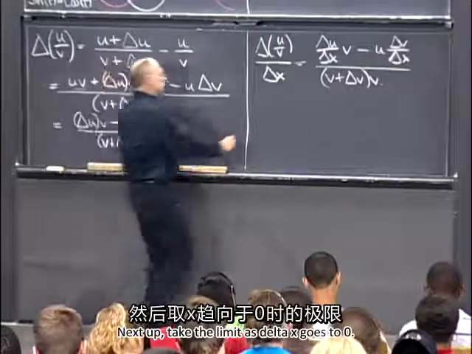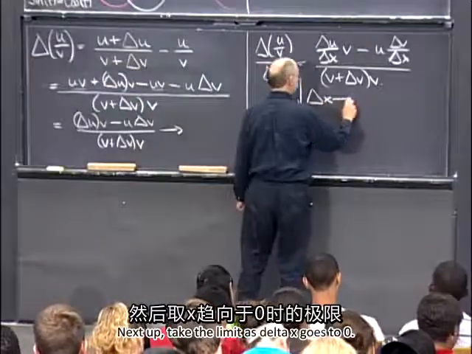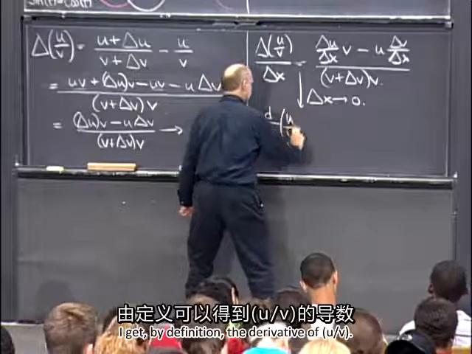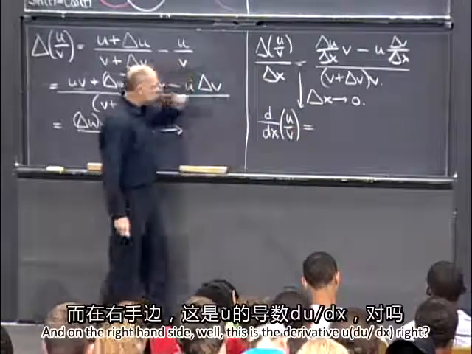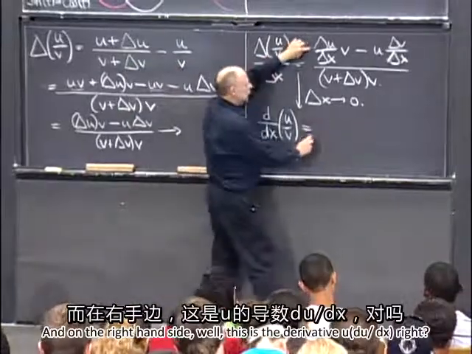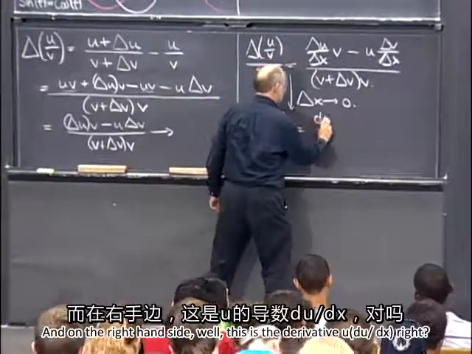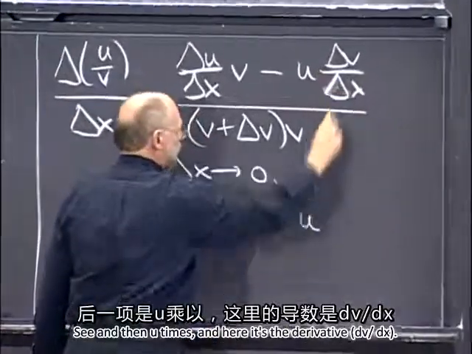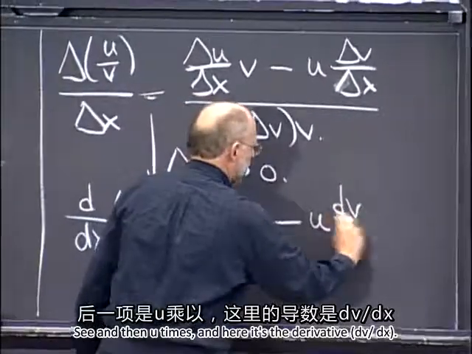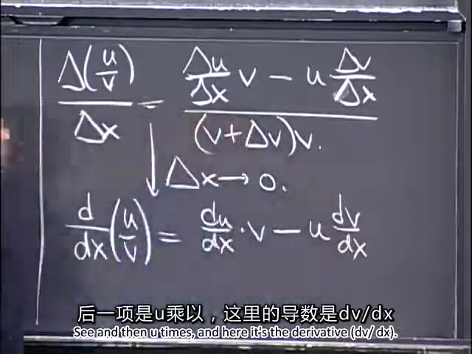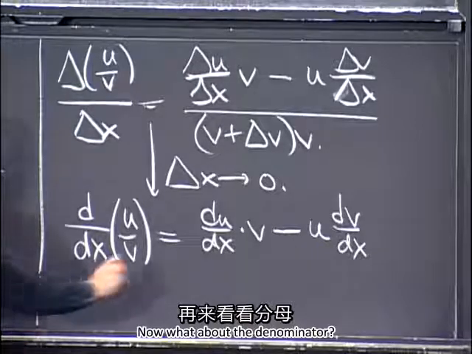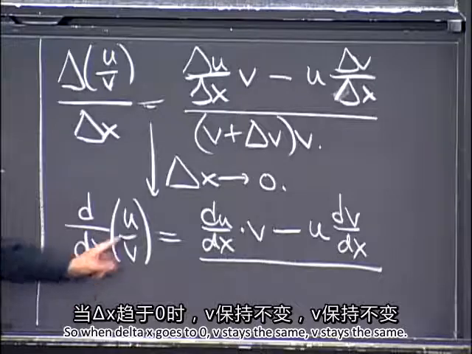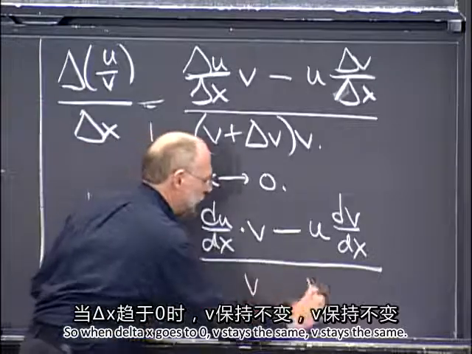Next up, take the limit as delta x goes to 0. I get, by definition, the derivative of U over V. And on the right-hand side, well, this is the derivative du dx, times V, and then U times, and here it's the derivative dv dx. Now what about the denominator? So when delta x goes to 0, V stays the same.